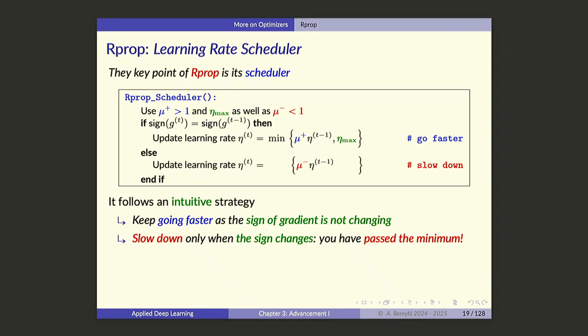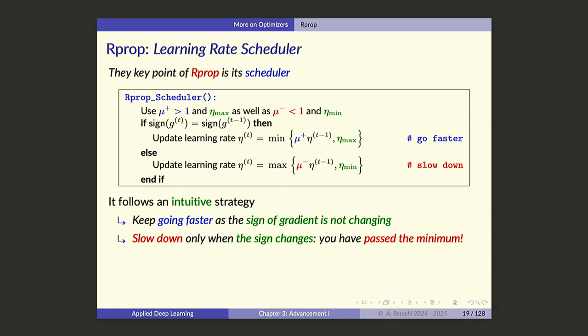I'm going to reduce the learning rate with this factor which is smaller than 1, and again keep it above some minimum threshold. Clear? So the idea is quite simple. You just keep on going as long as you see that the minimum is forward, faster and faster. And the moment you see you have passed the minimum, you just get back slower.